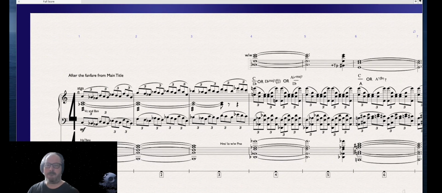But yeah, hopefully just discussing the fact that Williams uses hexatonic sets and is quite happy to use them, we can get a real sort of respect for the intricacy of the harmony.